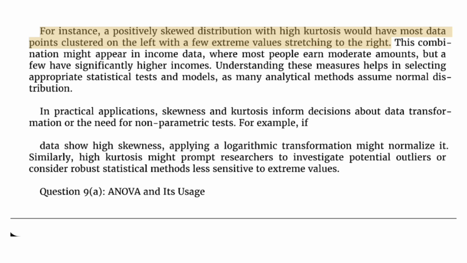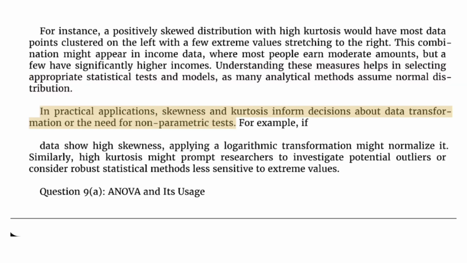For instance, a positively skewed distribution with high kurtosis would have most data points clustered on the left with a few extreme values stretching to the right. This combination might appear in income data, where most people earn moderate amounts, but a few have significantly higher incomes. Understanding these measures helps in selecting appropriate statistical tests and models, as many analytical methods assume normal distribution.